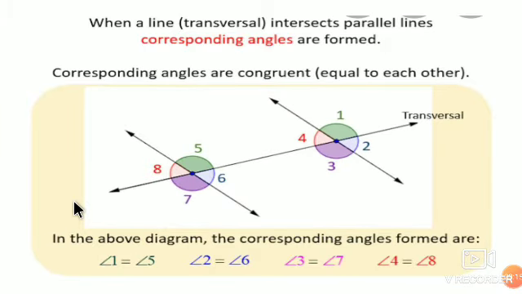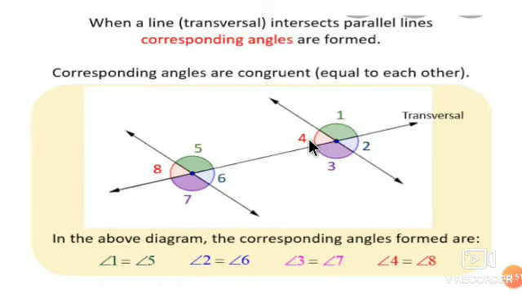Corresponding angles. When a transversal intersects parallel lines, corresponding angles are formed. Corresponding angles are congruent to each other. So what is meant by corresponding angles? Corresponding angles are on the same side of the transversal, in such a way that, as you can observe, angle 1 and angle 5 are corresponding angles.